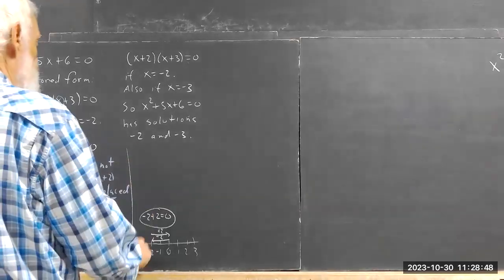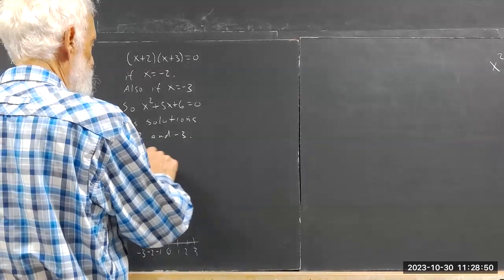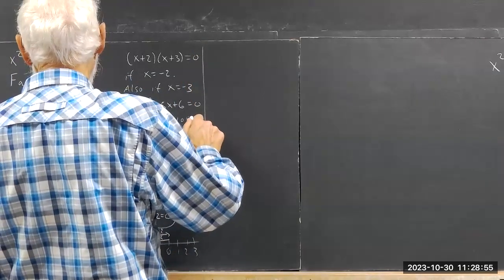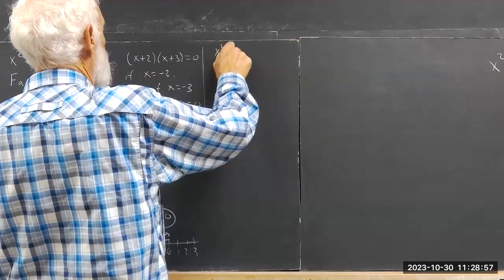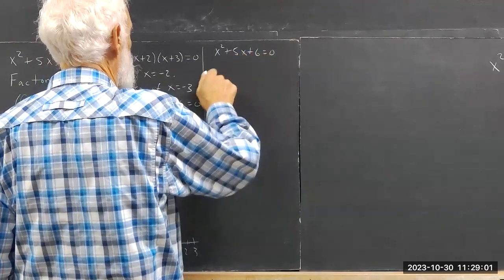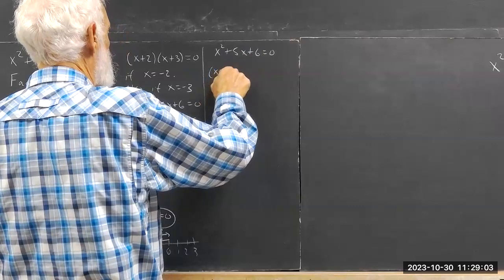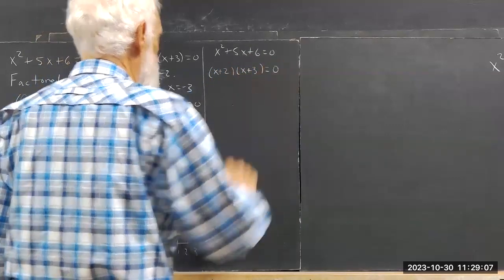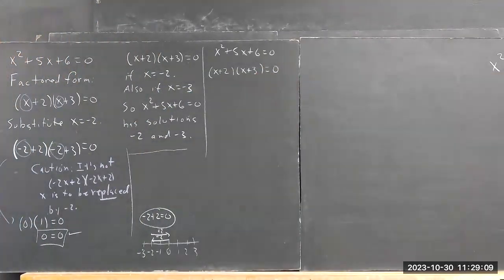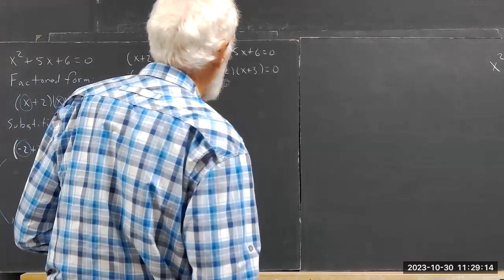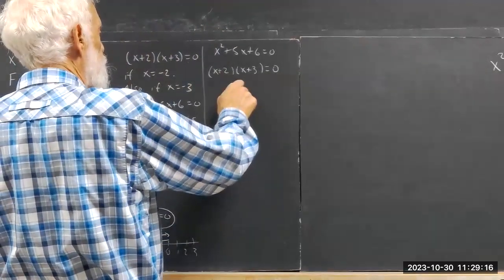Now, another way to solve the equation is we can say, all right, x squared plus 5x plus 6 equals 0, so that (x plus 2) times (x plus 3) equals 0. And now we can split this into two equations.